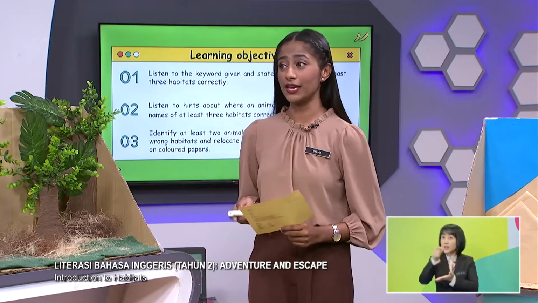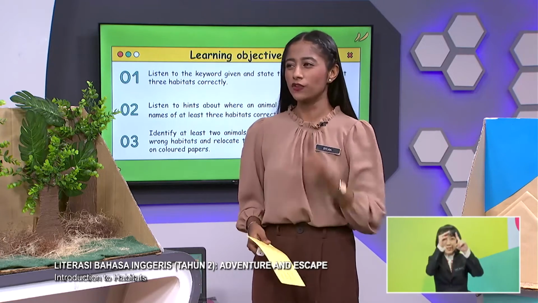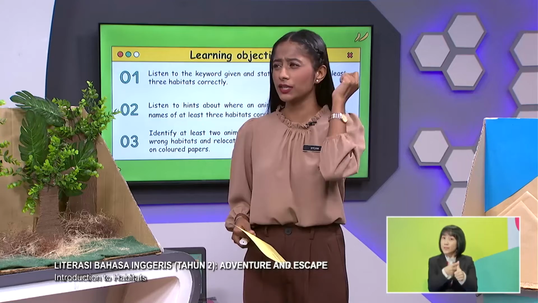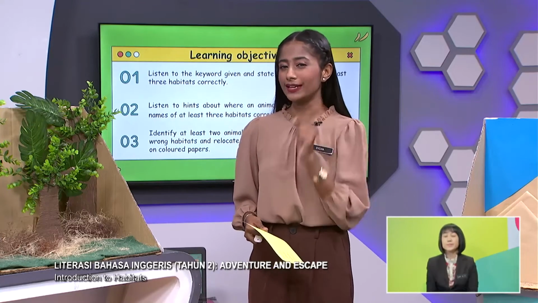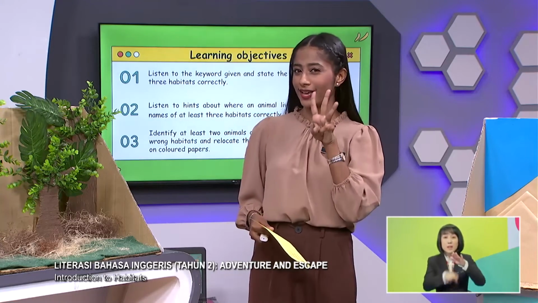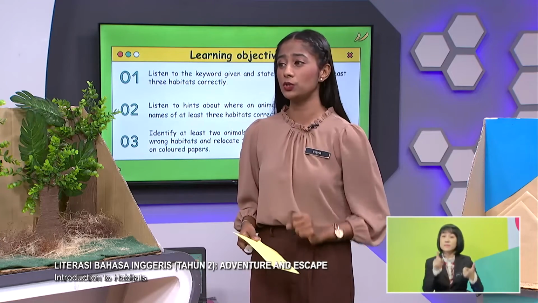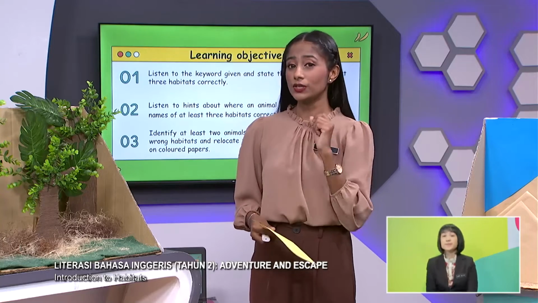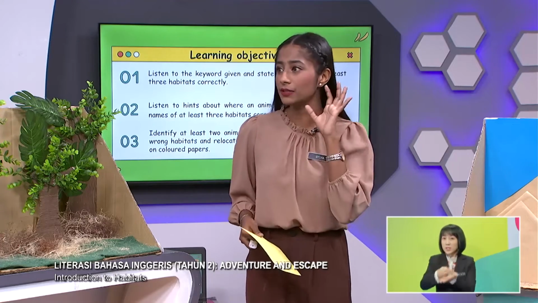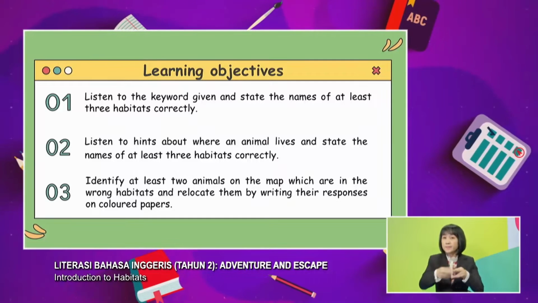For today, we have 3 missions to complete. The first one, you're going to listen to a keyword given to you, and you will have to state the names of at least 3 habitats correctly. The second, you're going to listen to hints about where an animal lives, and state the names of at least 3 habitats correctly.